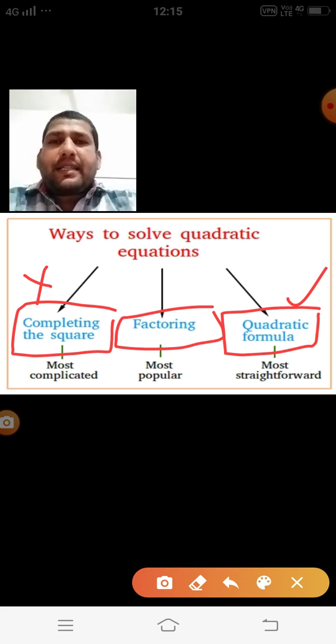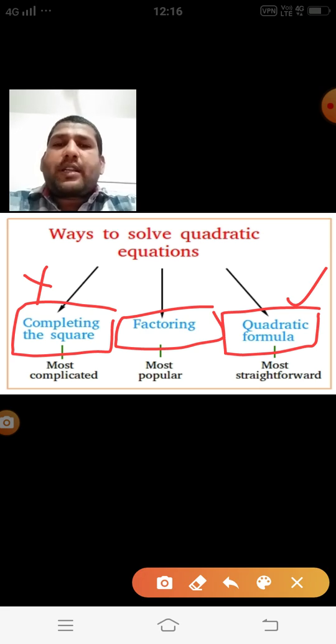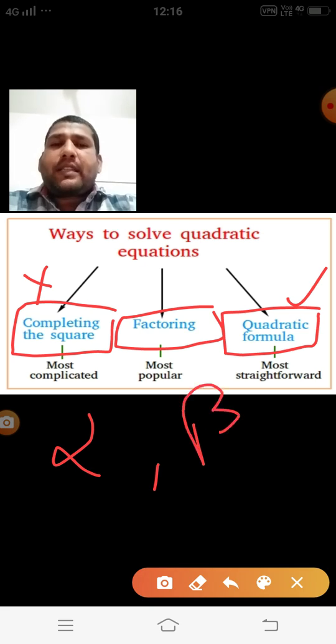We represent the roots by alpha and beta. In the second chapter we represented the zeros of a quadratic polynomial as alpha and beta, and here also we take the roots as alpha and beta for a given quadratic equation. The three methods are factorization, completing the square, and the quadratic formula.